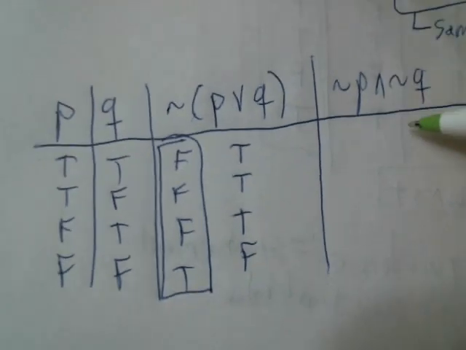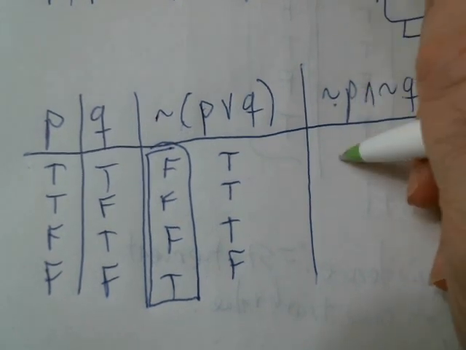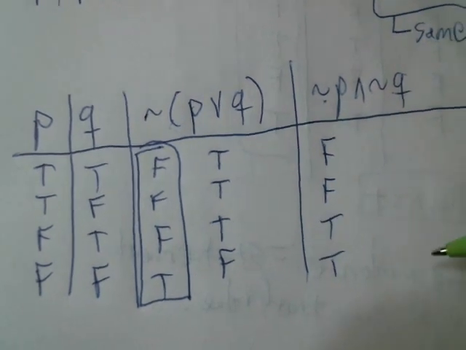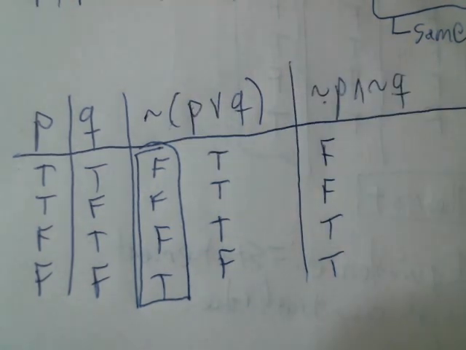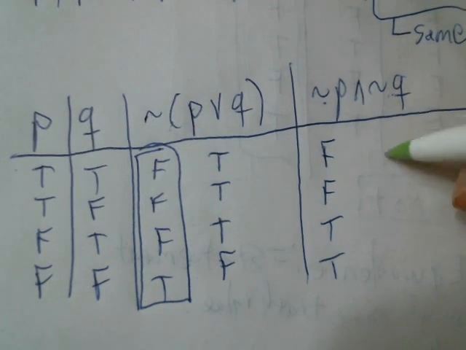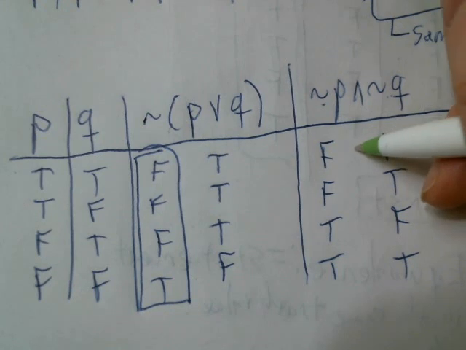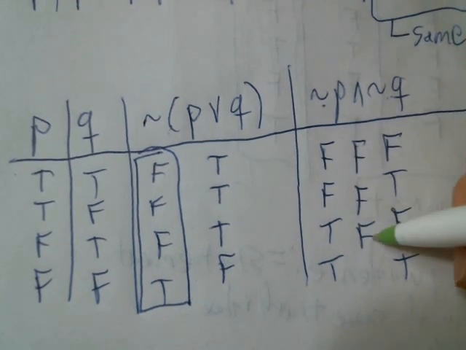Likewise over here, first I need to do not P and not Q. So this would be false, false, true, true. In the order of operations, negations come first unless there's a parentheses. Then the not Q part will be false, true, false, true. And then the and is going to give us false, false, false, true.